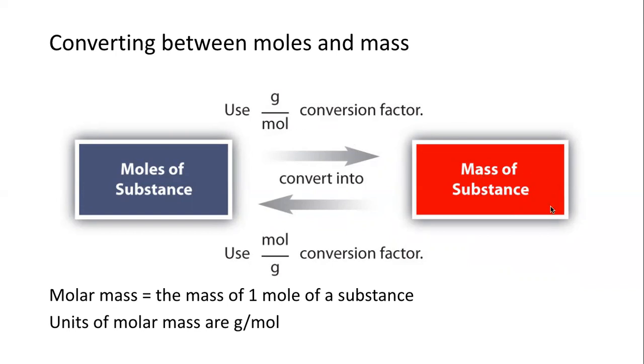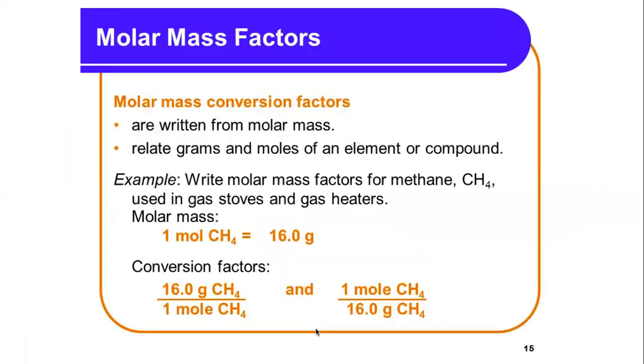And if we want to do the reverse, converting from the mass of our substance to the moles of our substance, we'll have the moles on the top divided by the grams. Remember, the molar mass is the mass of 1 mole of a substance, and the units of a molar mass are grams per mole. So molar mass conversion factors are written from molar mass. They relate grams and moles of an element or a compound.